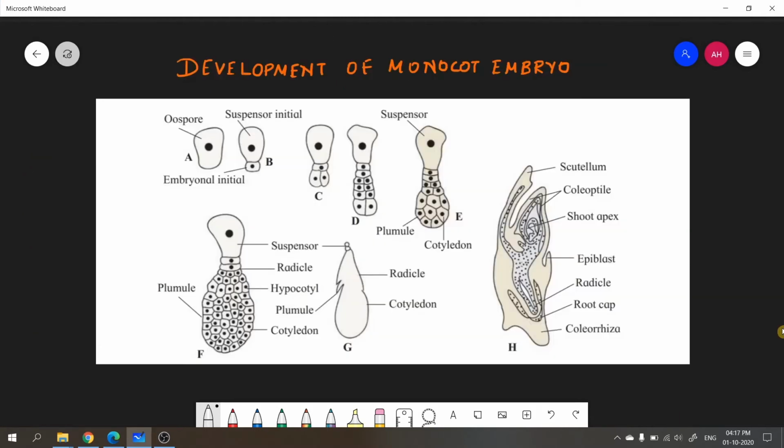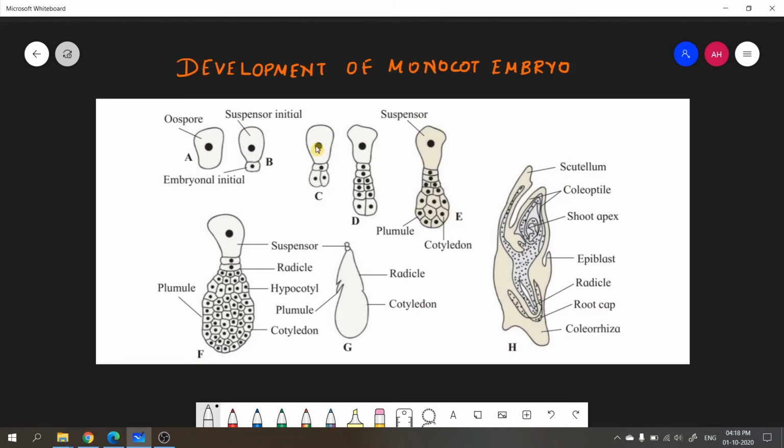Let us now understand development of a monocot embryo. Now, we have already studied development of a dicot embryo. So, the stages that are involved in development of a monocot embryo are quite similar. If you see the first stage over here where the zygote divides into two cells called a proembryo, and the proembryo has a suspensor initial cell and an embryonal initial cell.